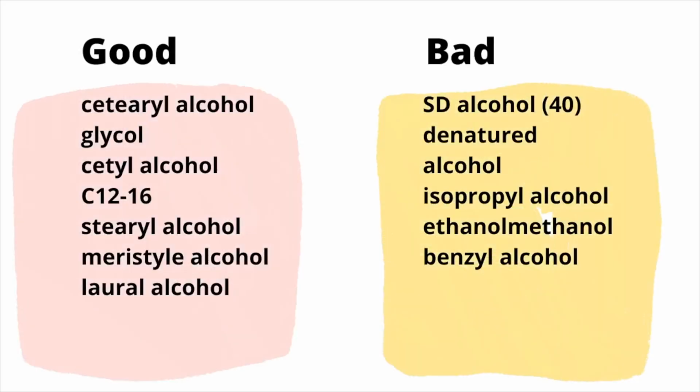Especially if I'm looking at very lightweight products like your toners, your lotions, certain serums even. I like to see what sort of alcohol it is that's in there, if there is one at all, and how high up on that ingredient list it is. Because when it comes to those kinds of ingredients, you can apply that the first five are kind of important.